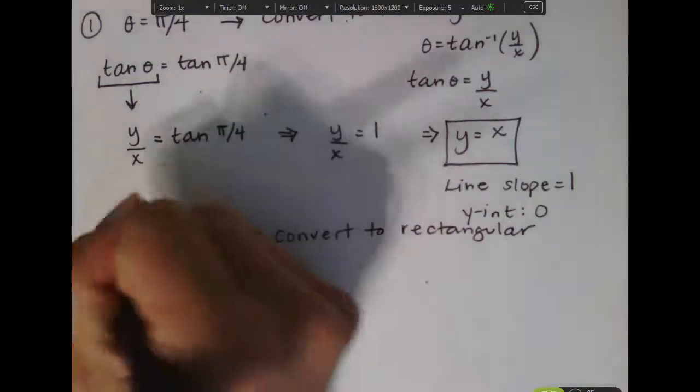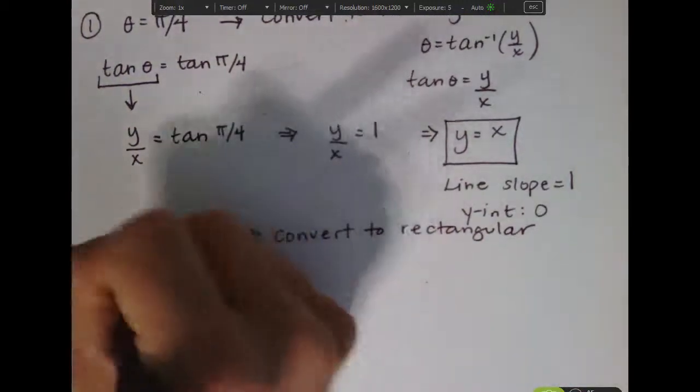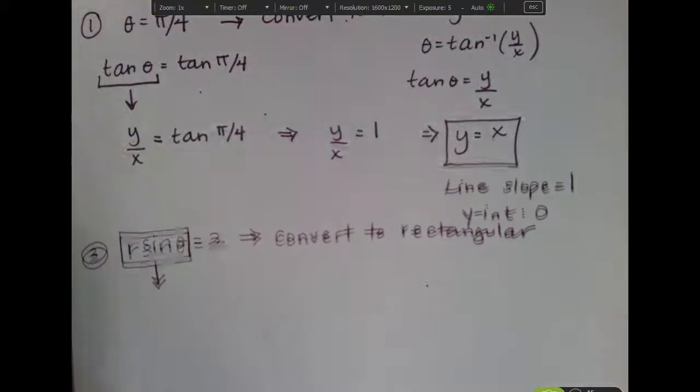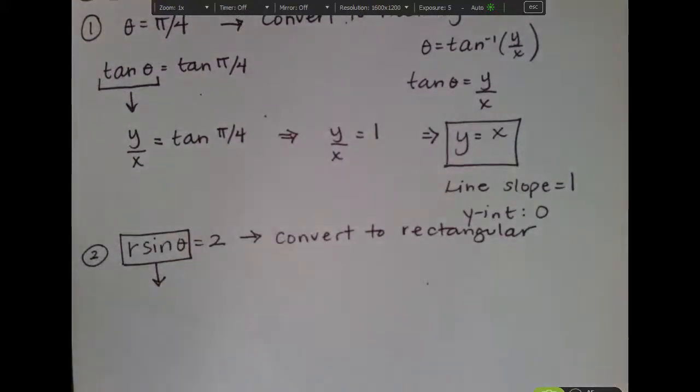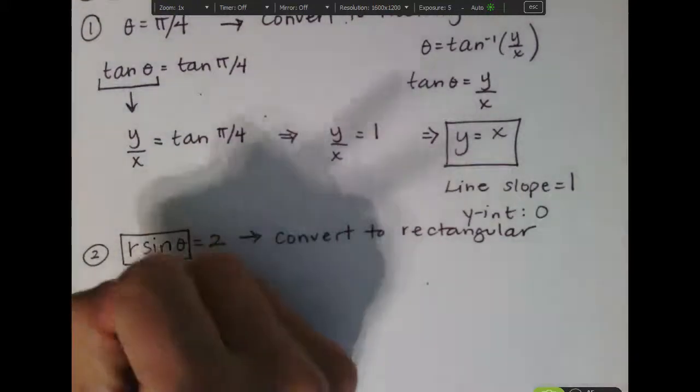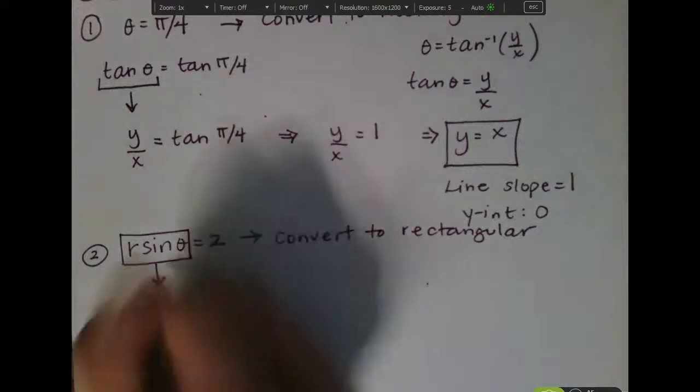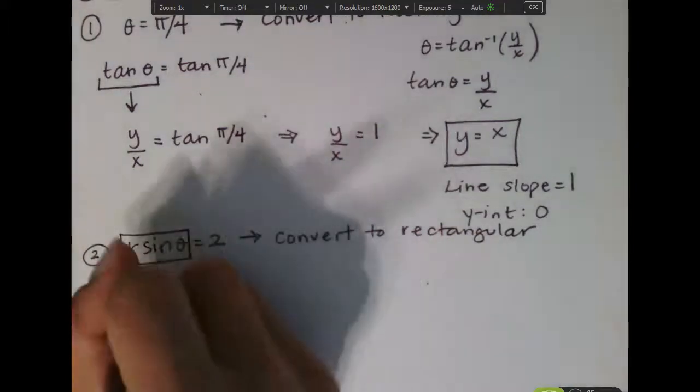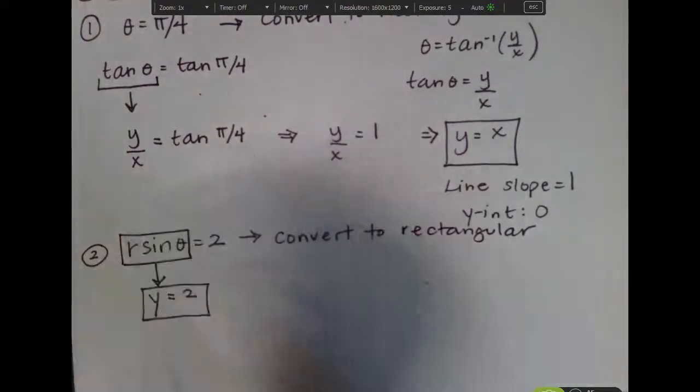So r sine theta is actually the exact same thing in our conversion formulas as y. So I could convert this formula into rectangular form in one quick and easy step.